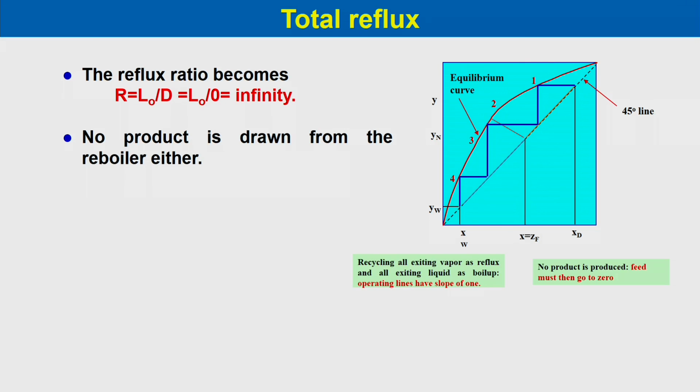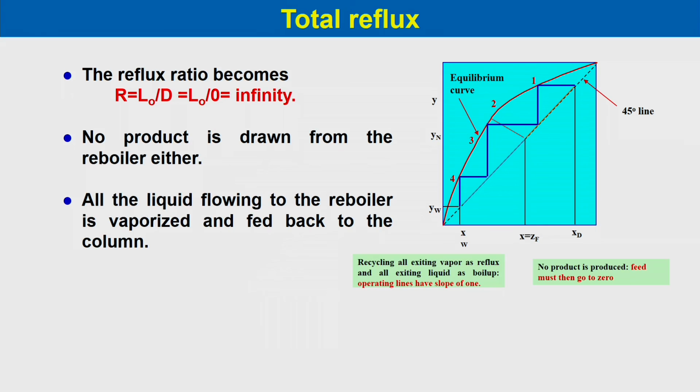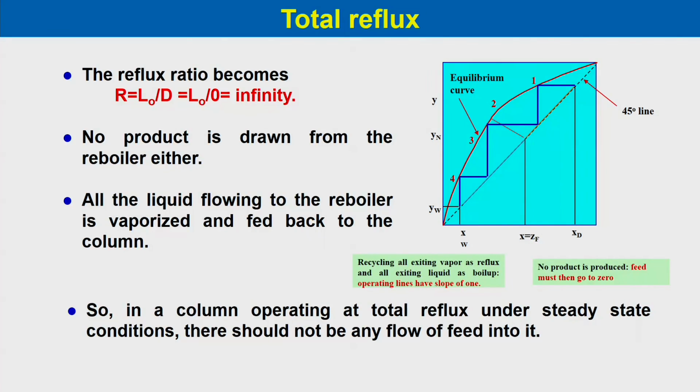So, no product is drawn from the reboiler either. All the liquid flowing to the reboiler is vaporized and fed back to the column. So, in a column operating at total reflux under steady state conditions, there should not be any flow of the feed into it.